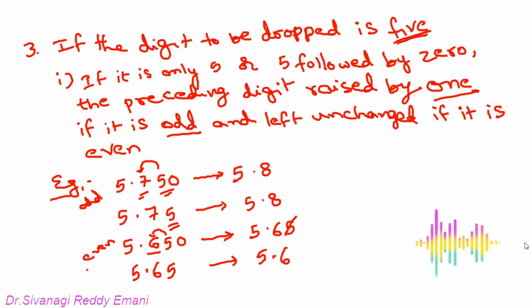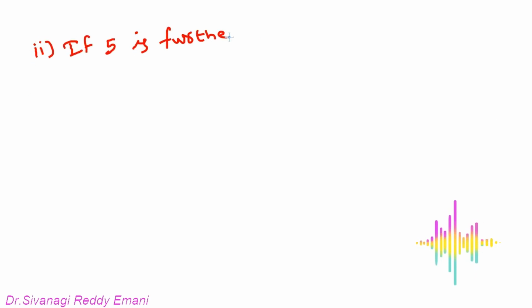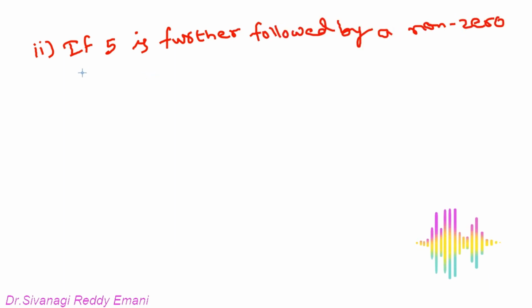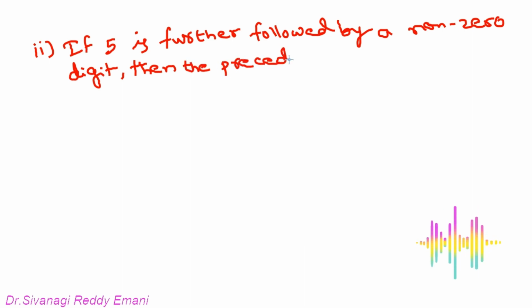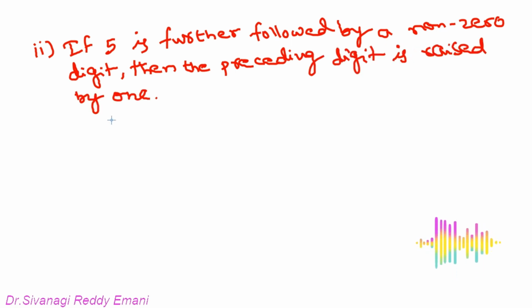In the third rule, we have another part, the second part. If 5 is further followed by a non-zero digit, then the preceding digit is raised by 1.